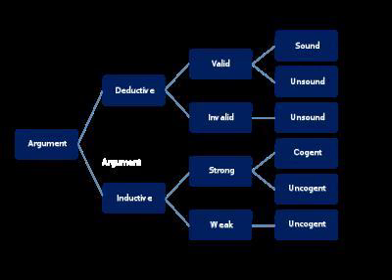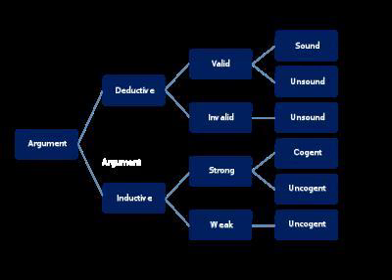Make sense? Yes. So what do you think an invalid argument is? I think either the premises are true or the conclusion is true, or the premises do not come to the conclusion, right? Yes, exactly.